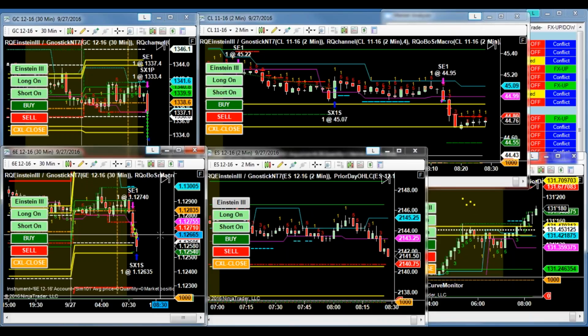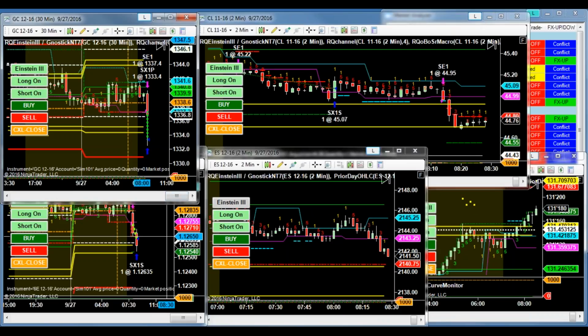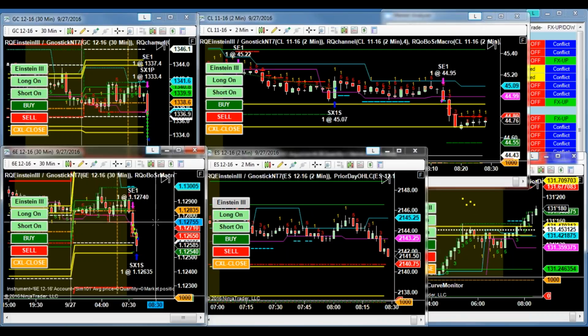Then your second contract has a profit target, and your third is the runner. That's the one that if this thing starts to trend throughout the day, you're in it. So yeah, Scott's saying that he's still in the euro. But I was trading one contract, and I didn't have that luxury with the euro, so I had a trailing stop as a runner, and it was a little bit too tight. Took me out.